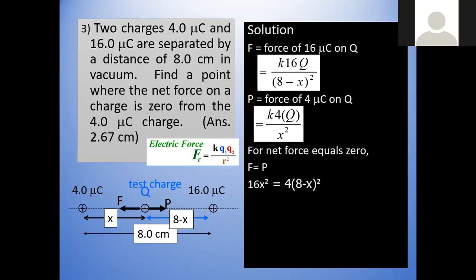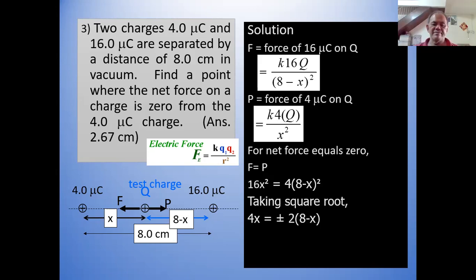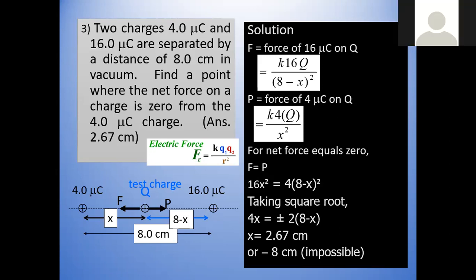So this is the quadratic equation: 16x squared equals 4 times 64. Then just take the square root on both sides. Yeah, it cannot be -8. So the answer is 2.67.